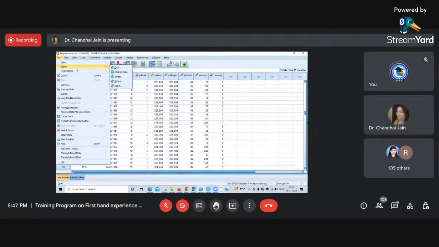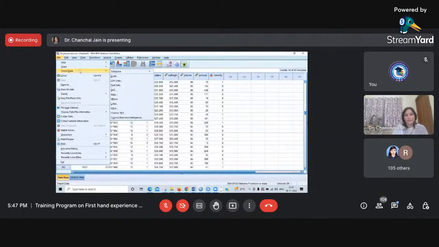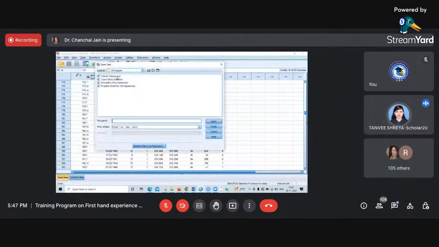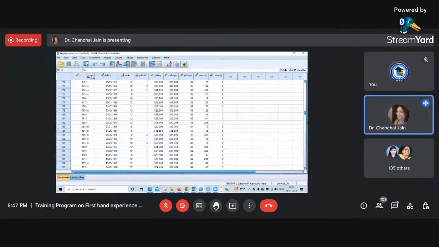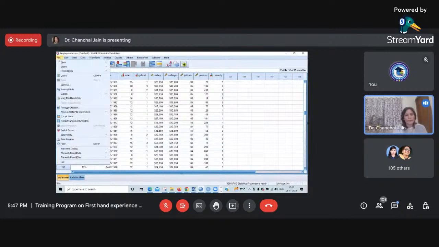Yes, you can directly go to the File menu, this is one way. Yes, ma'am, File, then Open, then Data.